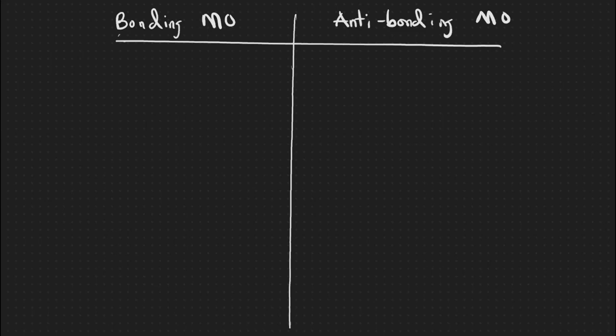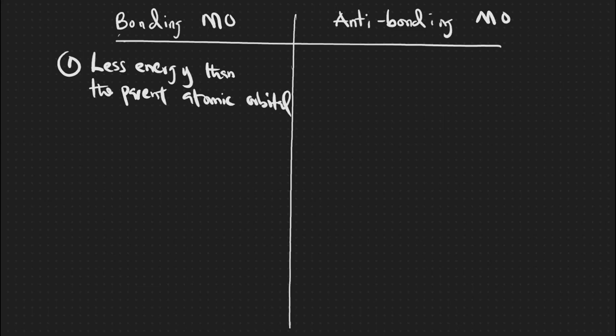So the first difference is that it has less energy compared to the parent atomic orbital, while the antibonding will have higher energy compared to the parent atomic orbital.